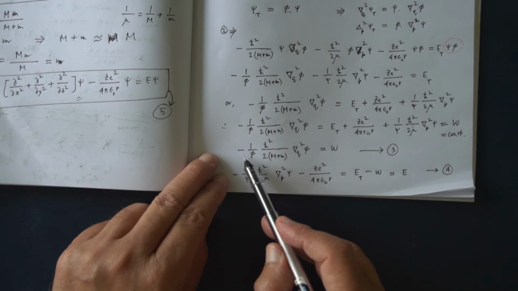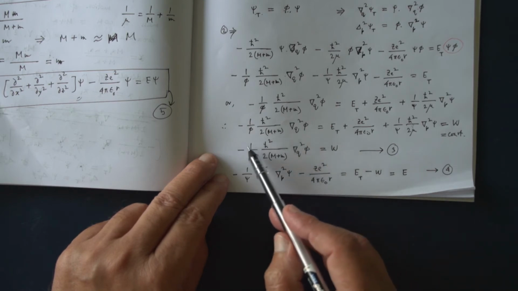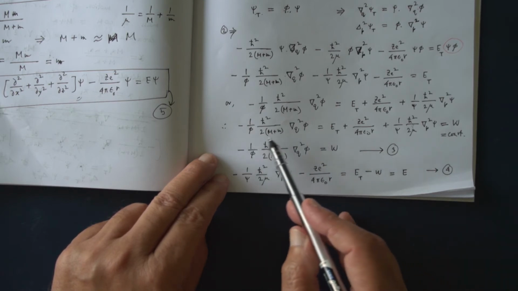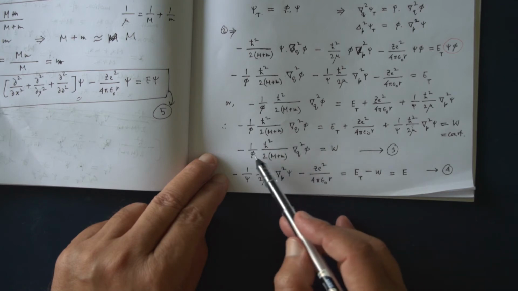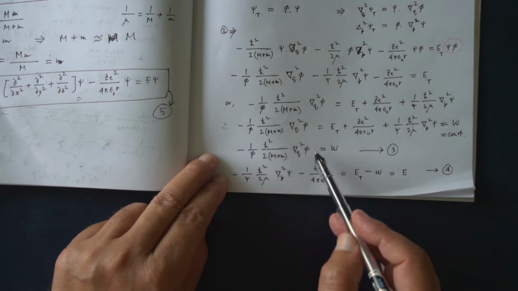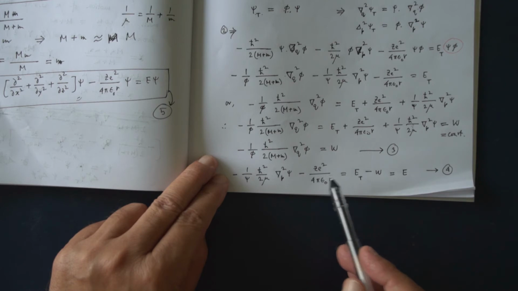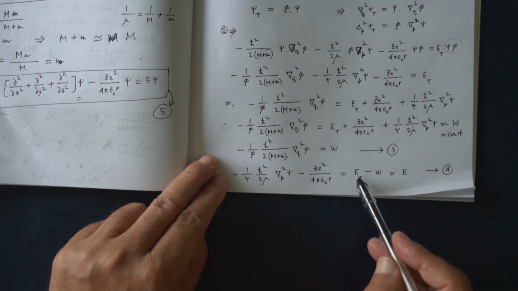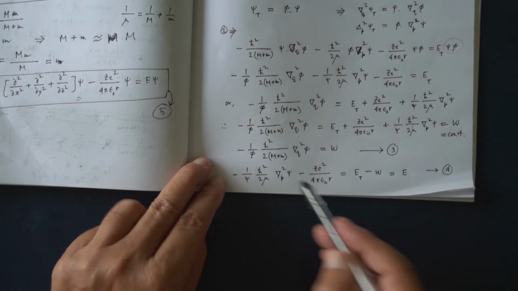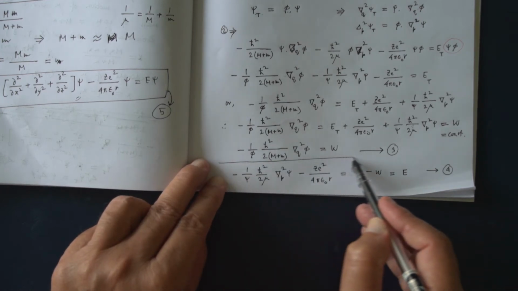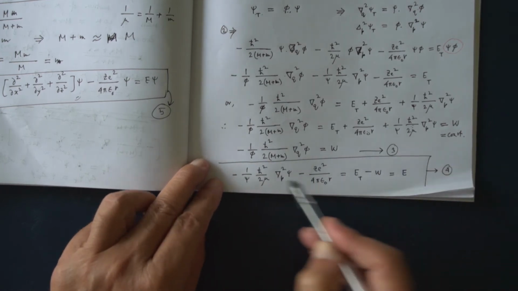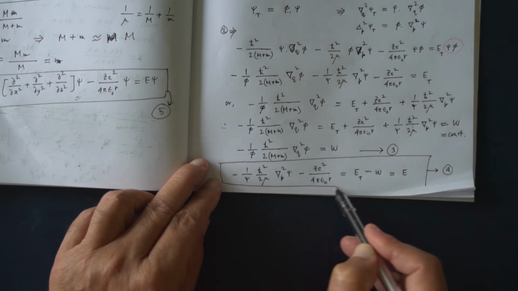So this will give us no new information. But this is the relative motion of mu with respect to the center of mass, so this will give us some new information. So we will consider this equation.